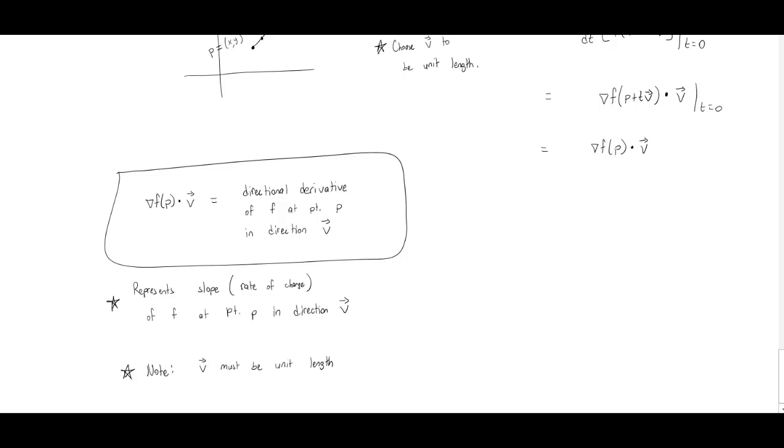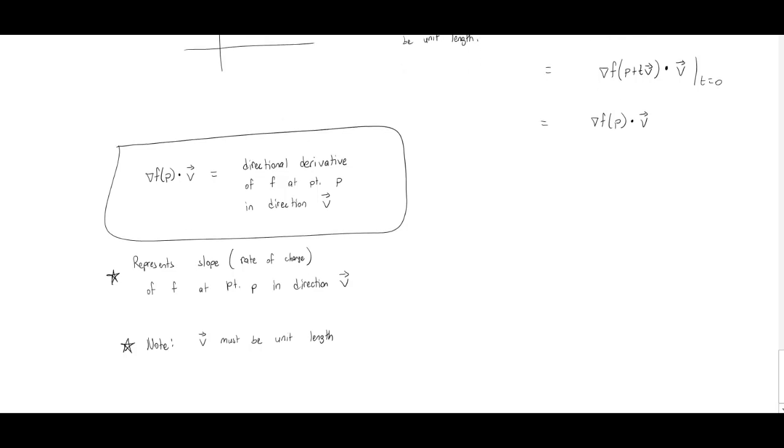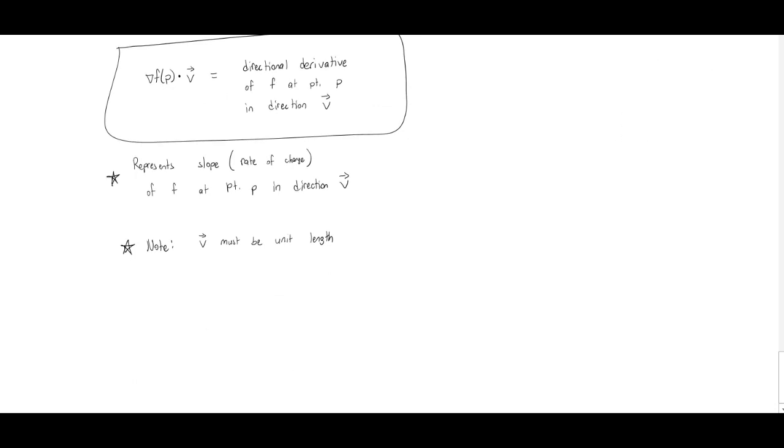All right. So I'm just going to do a quick example, computing a directional derivative. So let's say I have a function f of x, y. Let's just do something like x squared times e to the 2y. Okay?